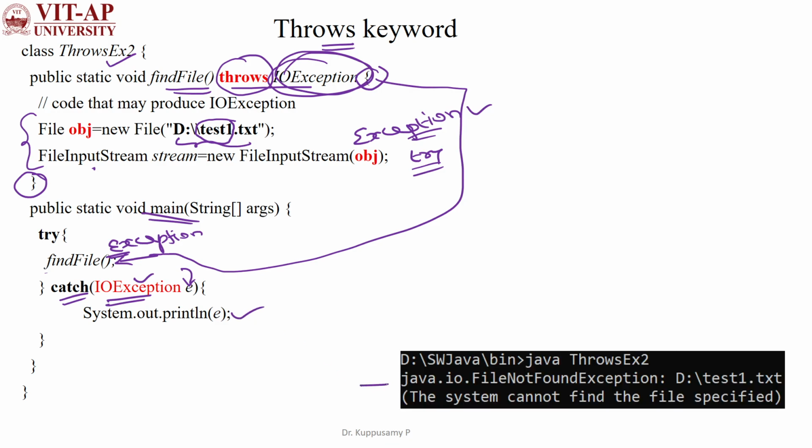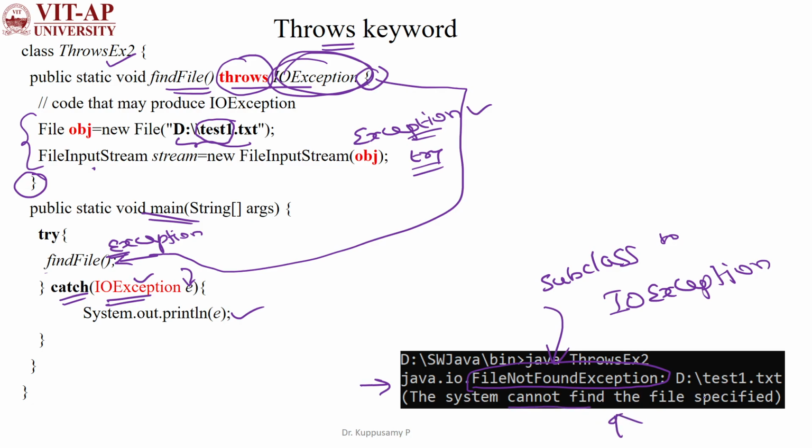You see the output is giving FileNotFoundException. FileNotFoundException is a subclass of the IOException class, so it is a sub-exception of IOException. That's what it is saying: the system cannot find the file which is specified in the location d:/test1.txt.